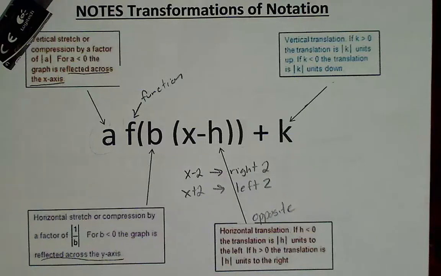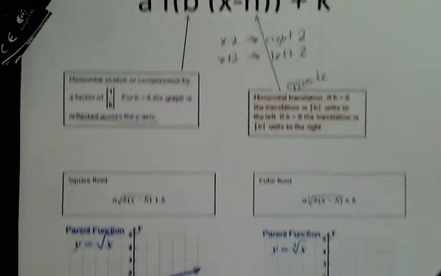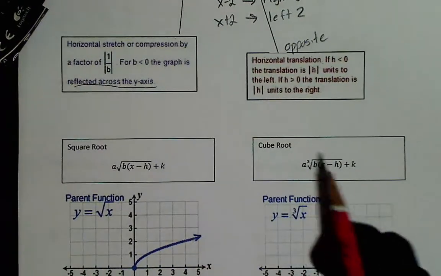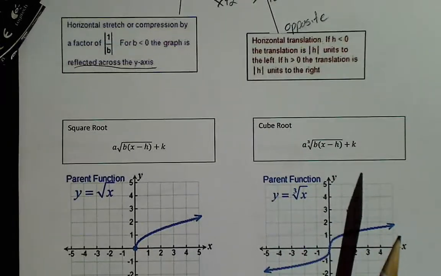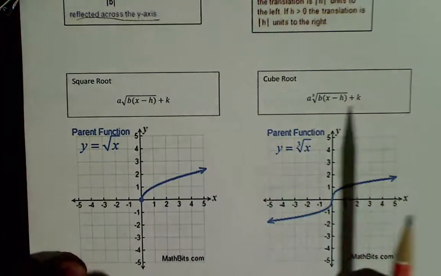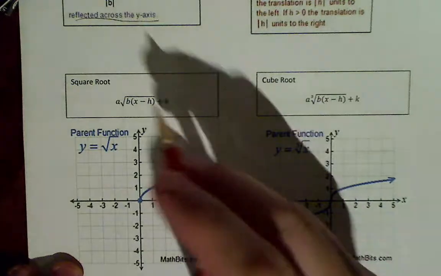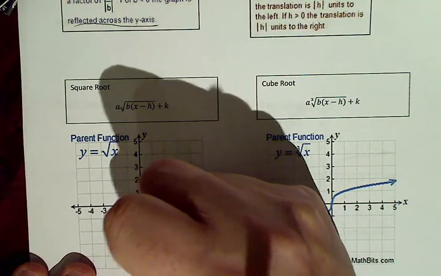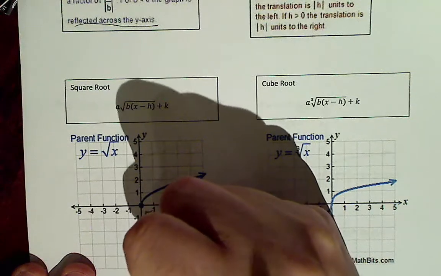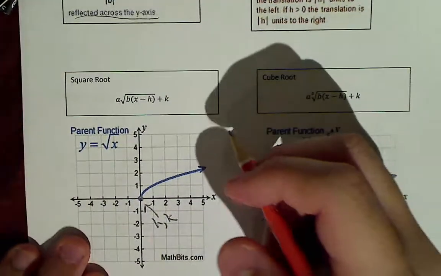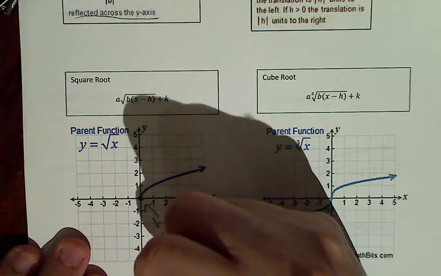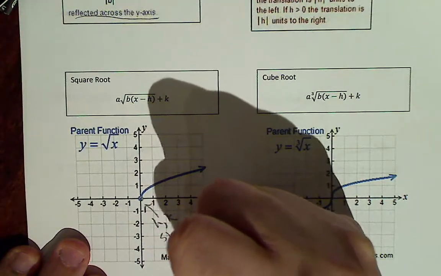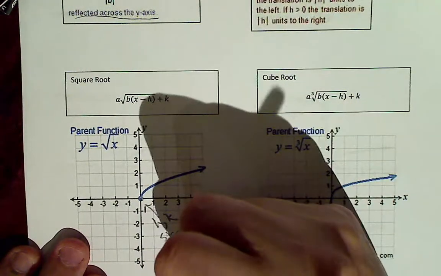So what we're looking at is the square root and the cube root function. First I'm going to talk about the parent functions. This is what the parent functions are. We have this point here called HK. That is what we're going to call the starting point for the square root function.